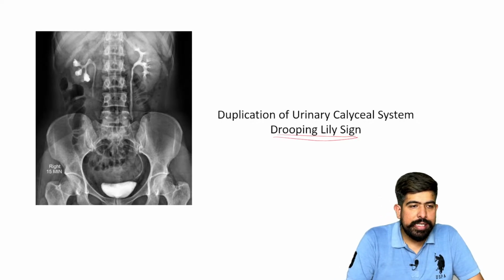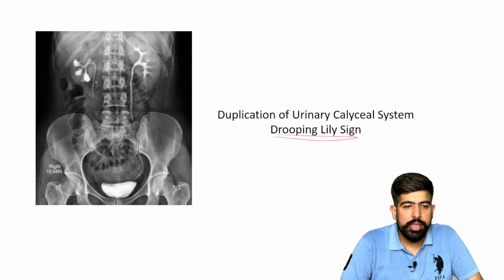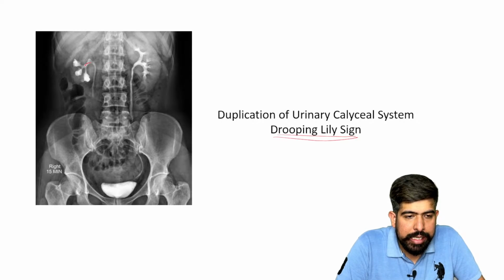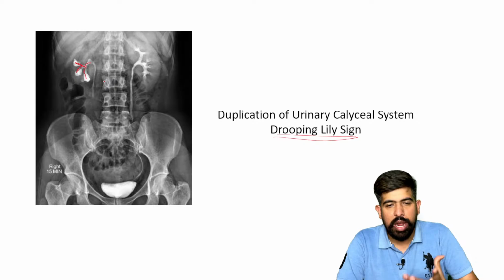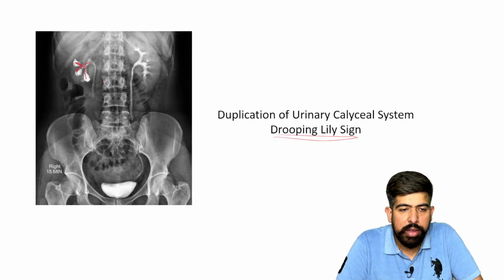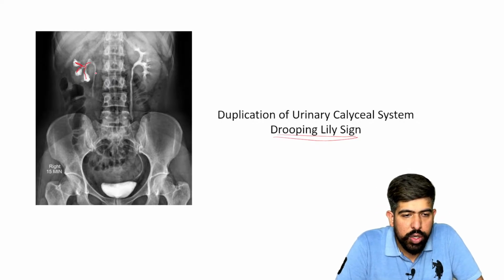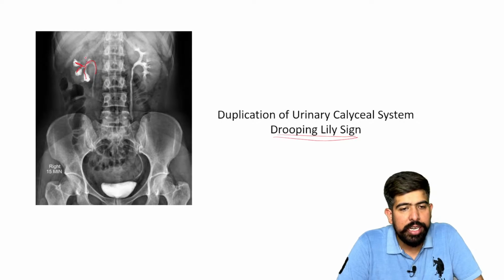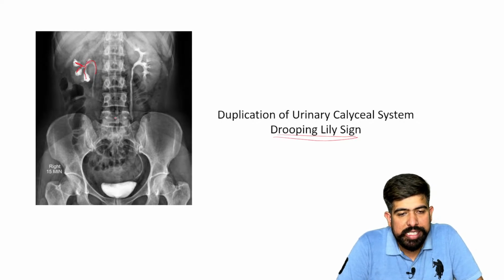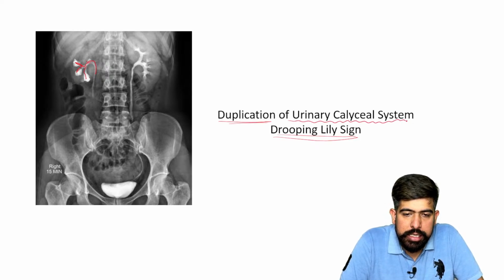Now you can see over here, on this side, this is the drooping lily, right? So the flower is like that, right? Lily flowers, right? So this is known as the drooping lily sign, and this drooping lily sign will be seen in the duplication of the urinary calyceal system.